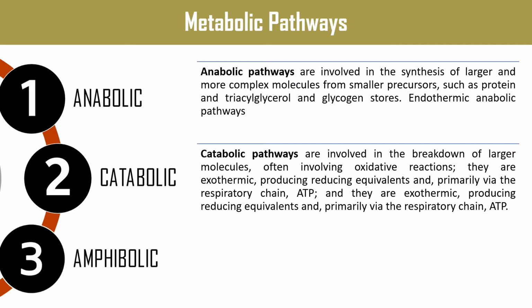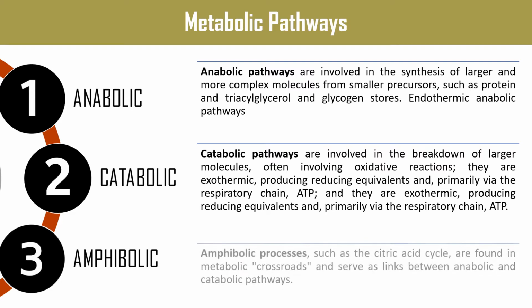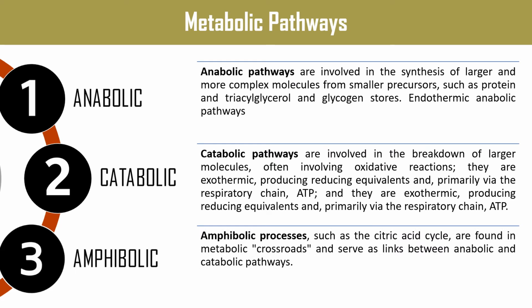They are exothermic, producing reducing equivalents and primarily, via the respiratory chain, ATP. Amphibolic processes, such as the citric acid cycle, are found at metabolic crossroads and serve as the link between anabolic and catabolic pathways.